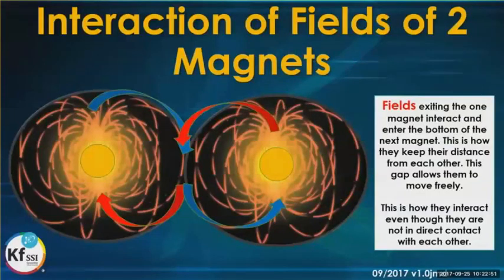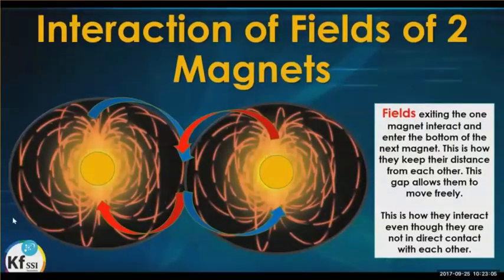Now bear in mind, this is all in the matter state. And obviously in the matter state you're looking at magnets that are iron based. When we start looking at this interaction in plasmas, it has the same effect.